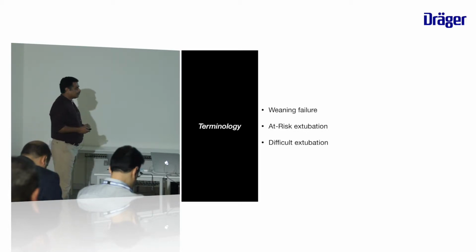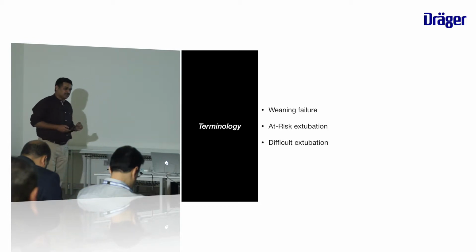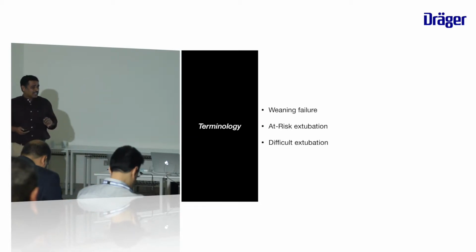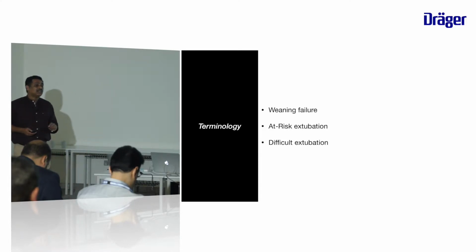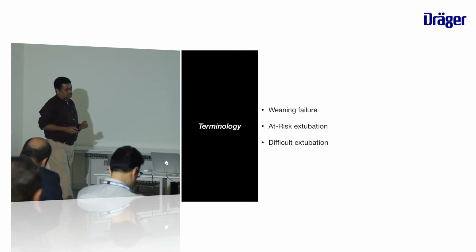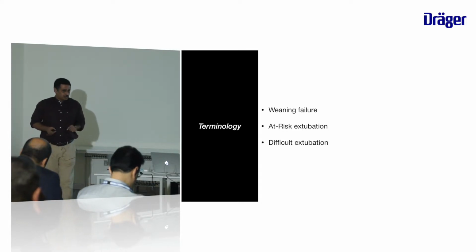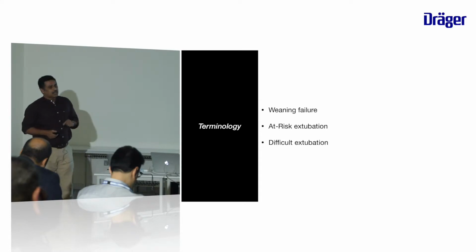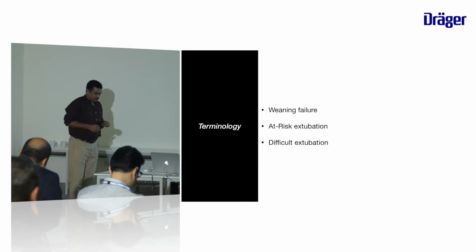Difficult extubation is mainly a mechanical term, where decannulation of the translaryngeal tube is not possible because of mechanical issues. For example, the surgeon might have taken a stitch over the tube, or the patient might have developed tracheal stenosis, which prevents the tube from coming out, or a cuff dysfunction. This is called difficult extubation.